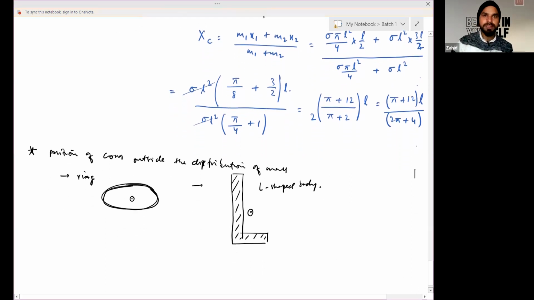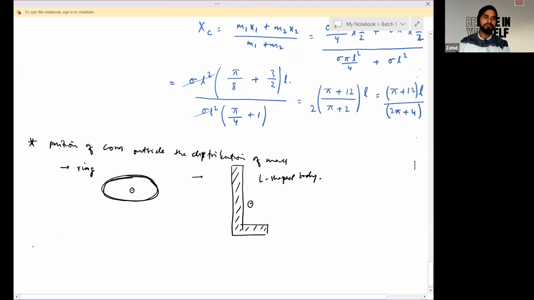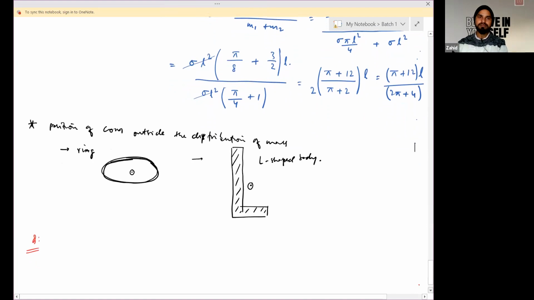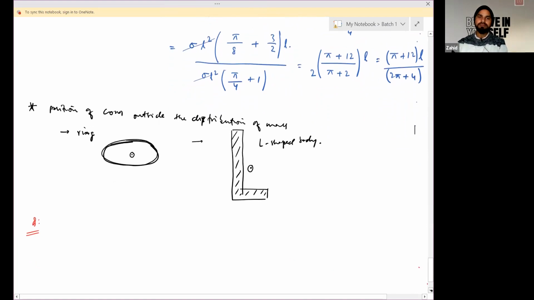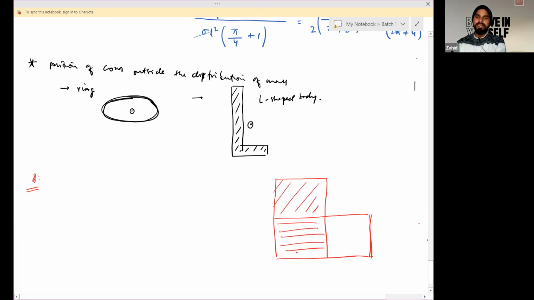I'm giving you one problem related to this. We have three squares, each of mass m and side L, arranged like this.